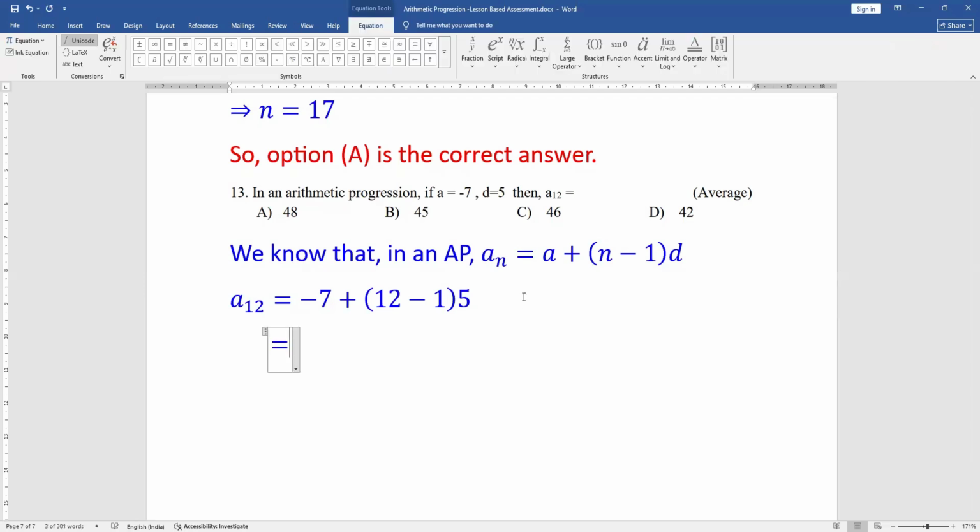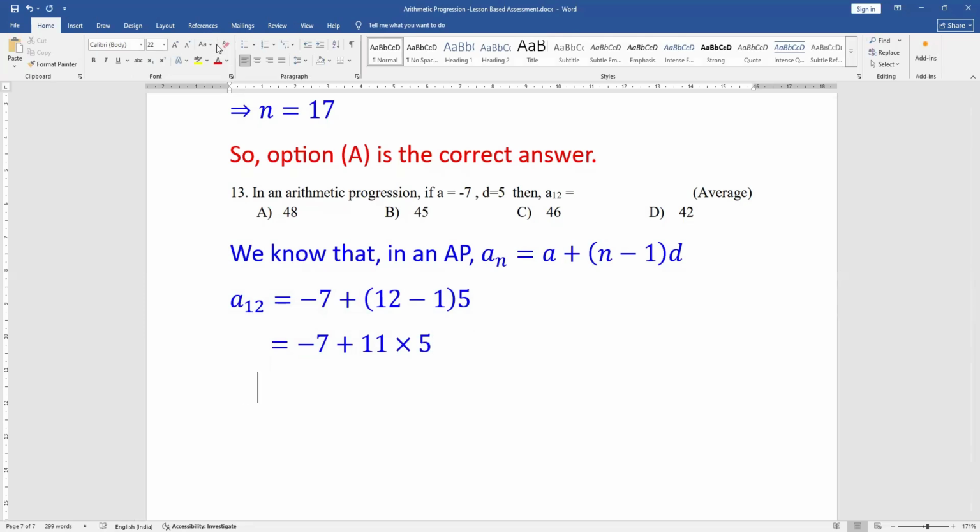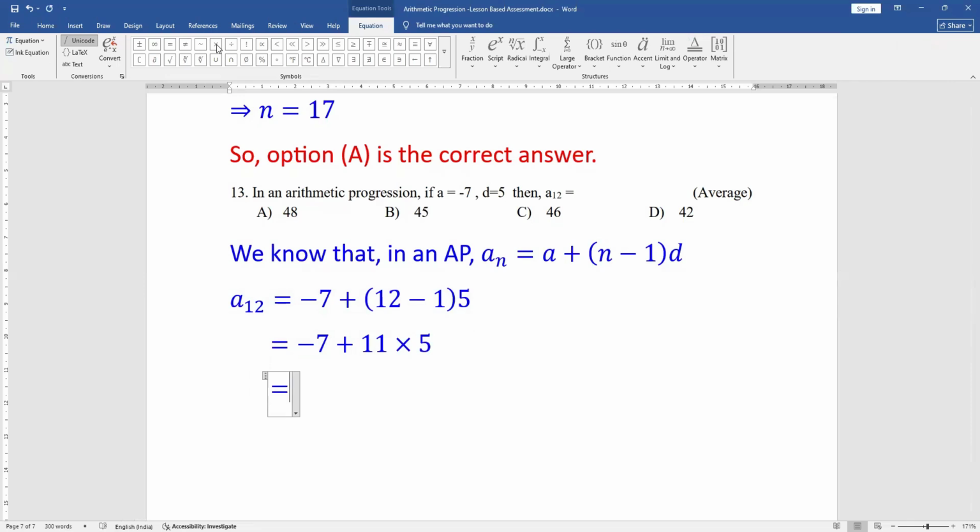Okay, next step, it is equal to -7 plus 12 minus 1, that is 11. As I told you, whenever you come across a bracket, it is equivalent to multiplication. So 11 into 5. According to the BODMAS rule, multiplication has first importance, so I multiply 11 with 5 and we get 55.